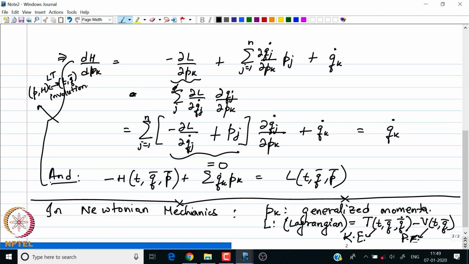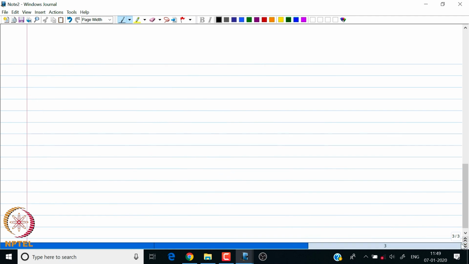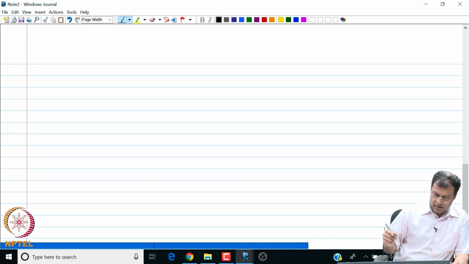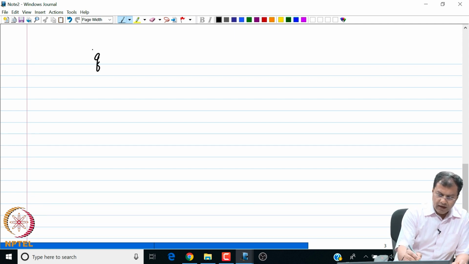And finally my vector q is the position of the particle at time t.